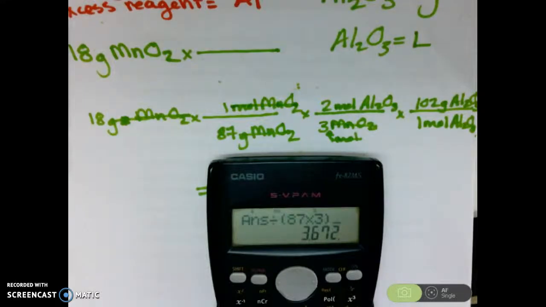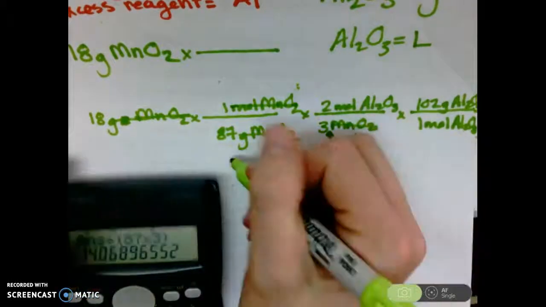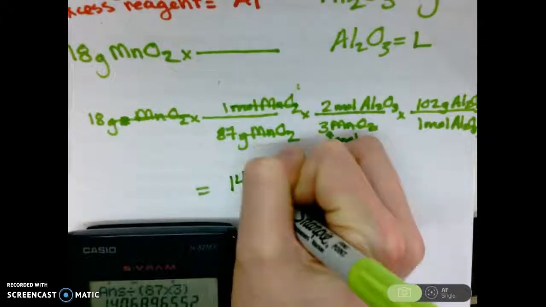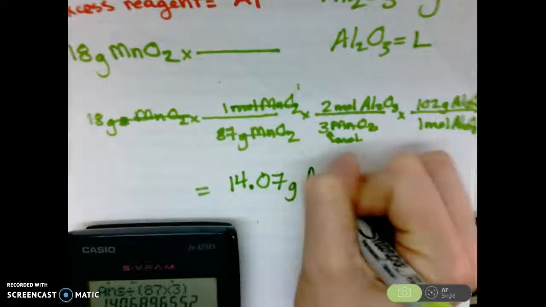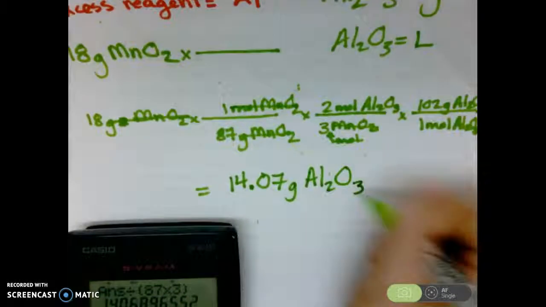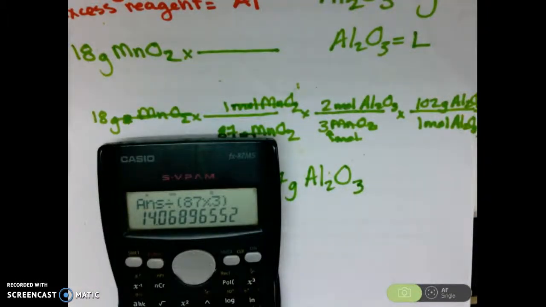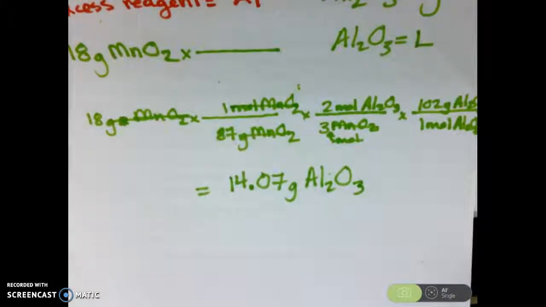Finish the parentheses, and that equals 14.07 grams of Al2O3. You can see that we rounded up to 7 because it's 2 decimal places. We like that.